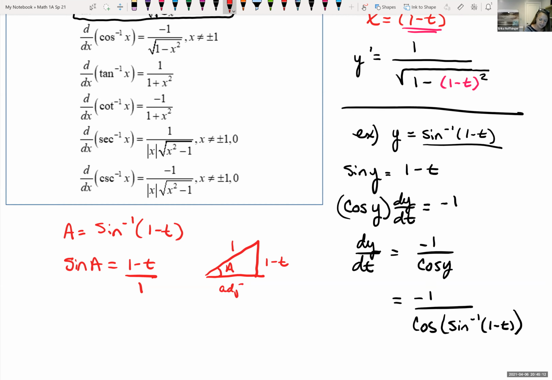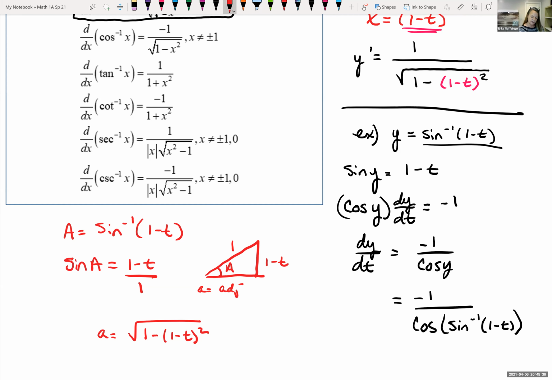So to find my adjacent side to this angle A, again using the Pythagorean theorem, I know that it's going to be equal to the square root of 1 squared, which is 1, minus 1 minus t quantity squared. I kind of skipped a step there.